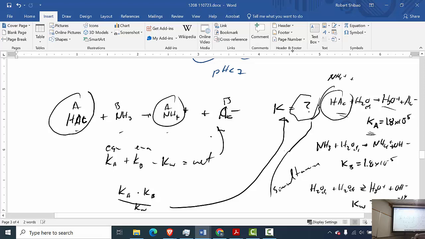Ammonium plus H2O liquid is going to yield hydronium plus ammonia. Did I miss that equation, it looks like, huh?